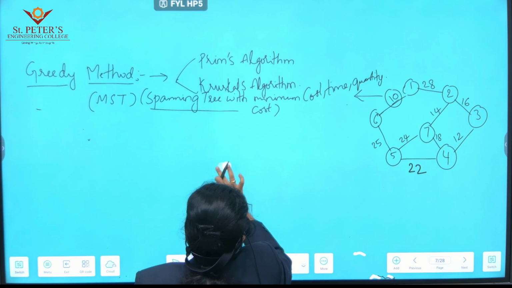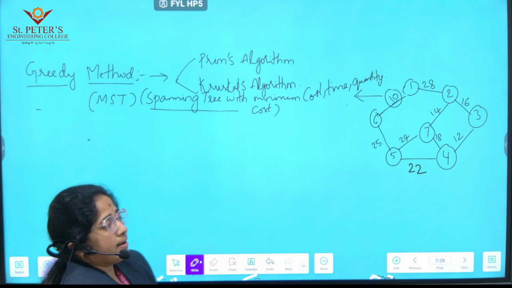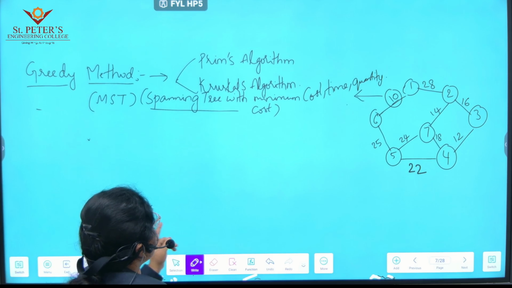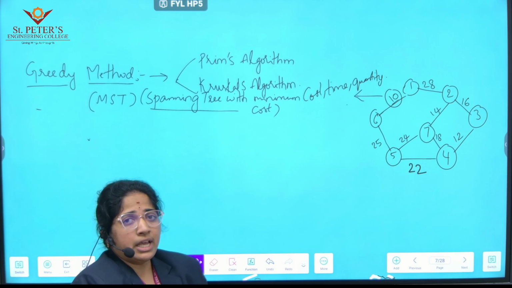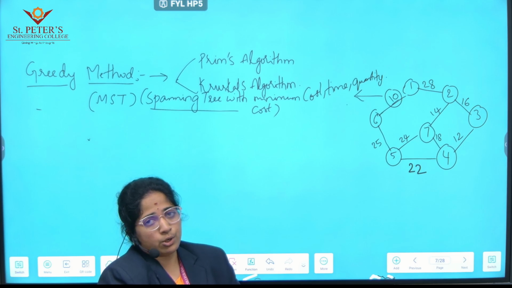Remember this: for drawing a minimum cost spanning tree, we have 2 algorithms. The first one is Prim's algorithm and the second one is Kruskal's algorithm.